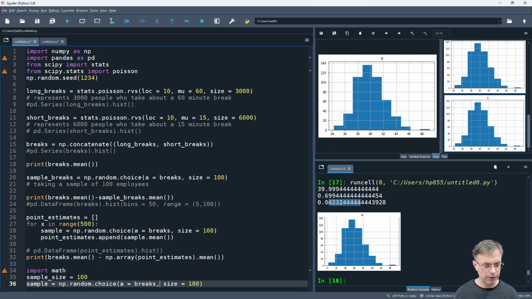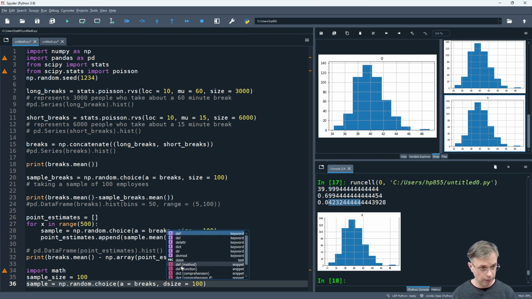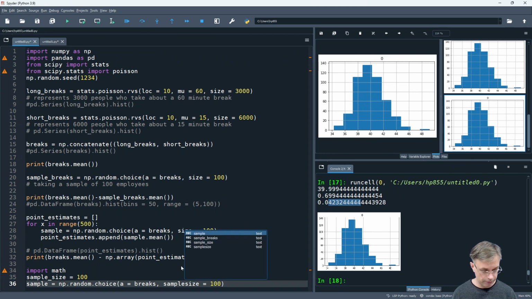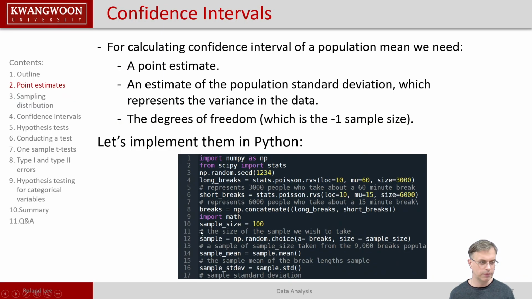So all we need to do here is just add sample size, which is actually done. So that's it. Then let's take another look.